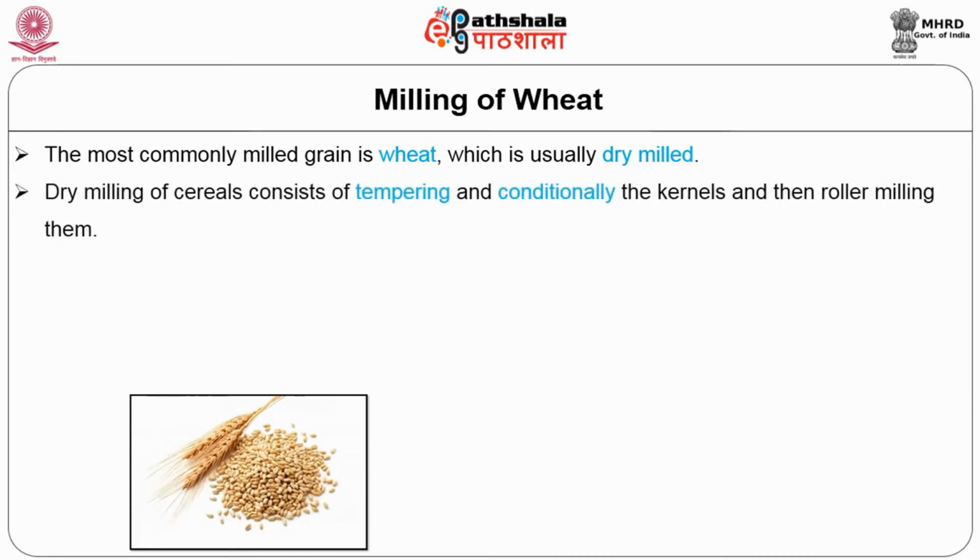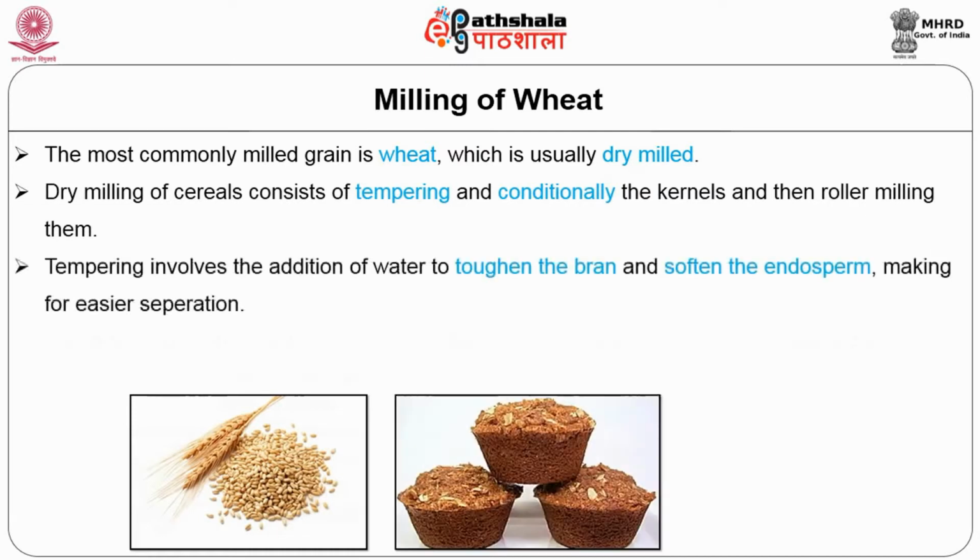Dry milling of cereals consists of tempering and conditioning the kernels, and then roller milling them. Tempering involves the addition of water to toughen the bran and soften the endosperm, making for easier separation.